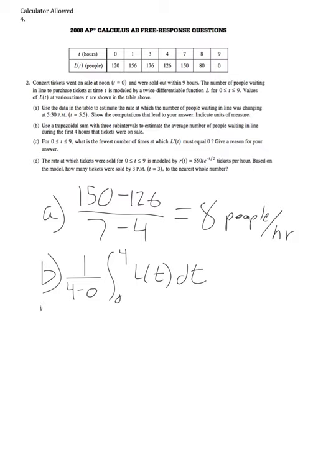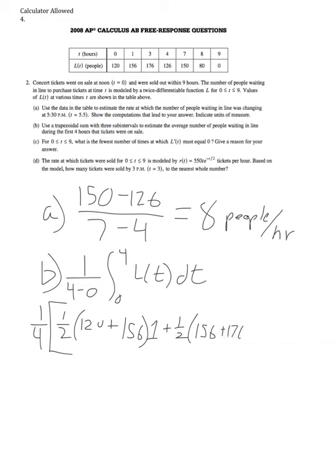I'm going to leave this 1/4 on the outside, and then for each of my trapezoids, I've got 1/2 base 1, which for the first one is 120, plus base 2, which is 156, times the width here, which is 1, plus 1/2, base 1 is now 156, plus base 2 is 176.